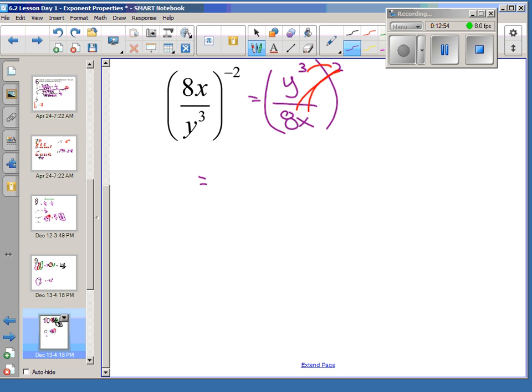So y cubed with our squared on the outside, power to a power, we multiply those. So that gives us y to the 6th. Bring the squared down with the 8. So 8 squared is 64. And then x, and we have our squared on the outside, should be x squared. So that's our simplified answer. We don't have any negative exponents. We can't cancel any like terms, so that's our simplified answer.